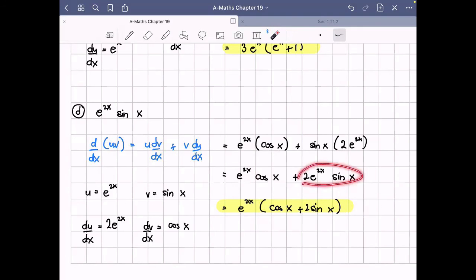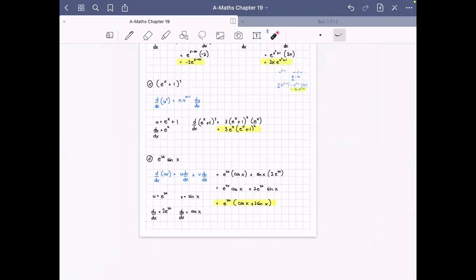And then this divided by e raised to 2x, you're left with 2 sine of x. So it's like we just remove the e raised to 2x. So that's why you have 2 sine of x. So that is your final answer, letter D. Do you have any question?